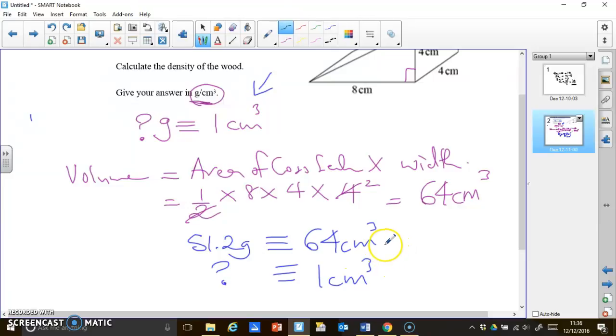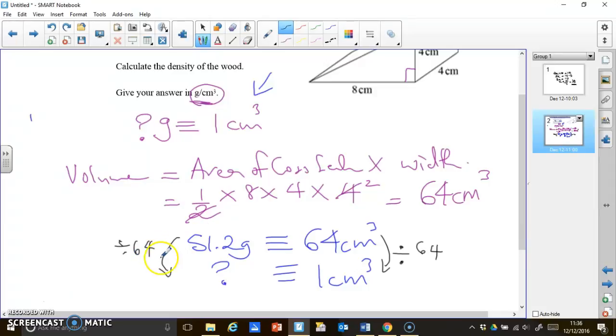Now, we ask ourselves then, how am I able to reduce 64 cm cube to 1 cm cube? Proportionally, obviously not adding or subtracting. So what do we do? We will then divide both sides by 64.